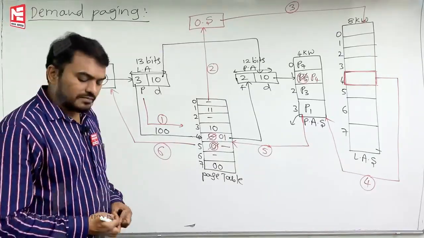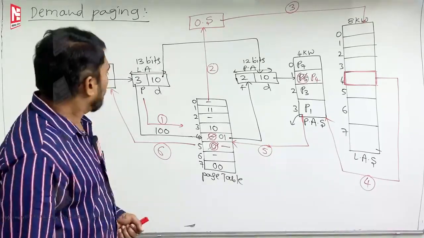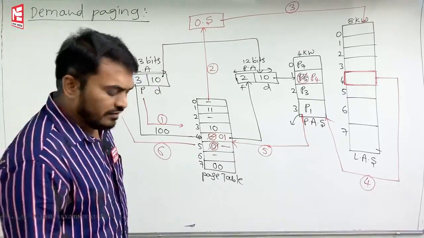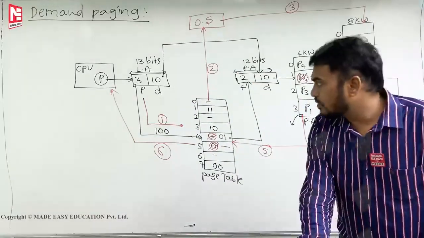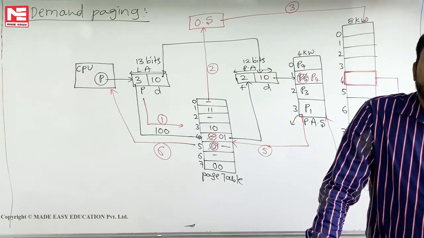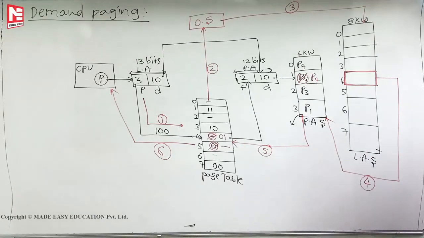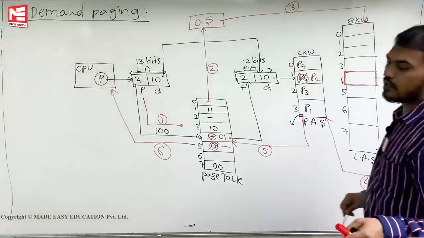The signal will be sent to the CPU to continue the program execution, and the CPU will access the required page in the main memory and continue program execution.